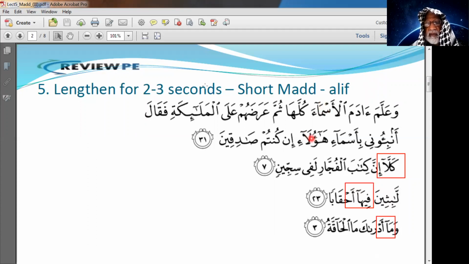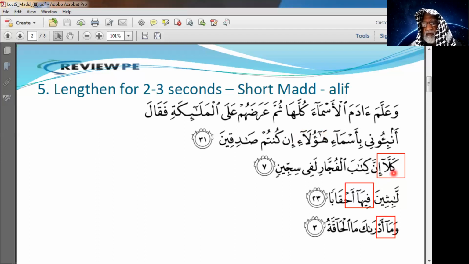This will be covered in a different lecture where we have both in this one and hamza are the same letter. Right now we're talking about where there are different words. So we have lam zabar alif and hamza is in the next word. Over here it is in the same word.